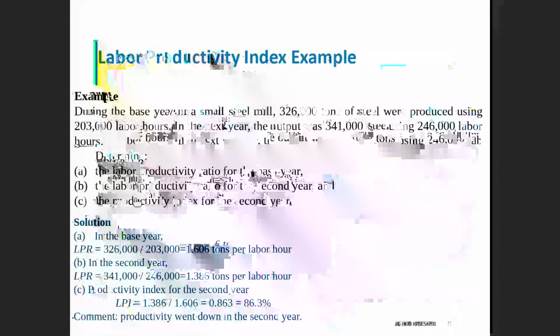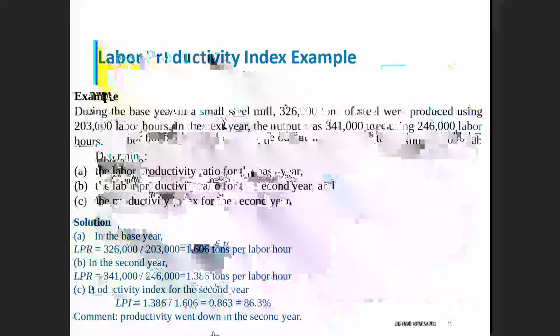For the second year, or the next year, which is the LPRT, you divide the 341,000 over the 246,000. The productivity of steel is how many tons per labor hour, to find the ratio, which is about 1.3 tons per labor hour.